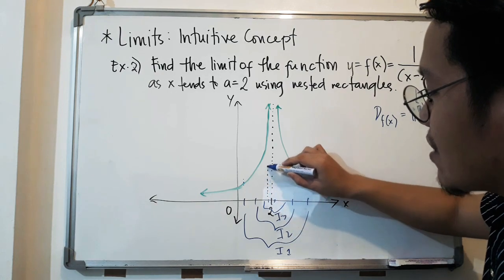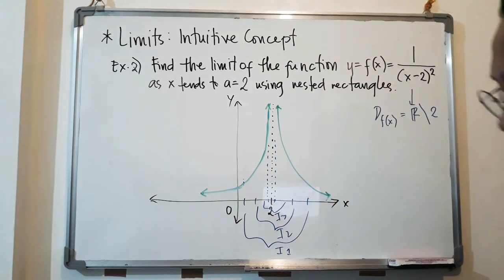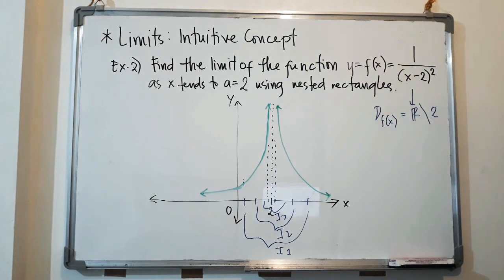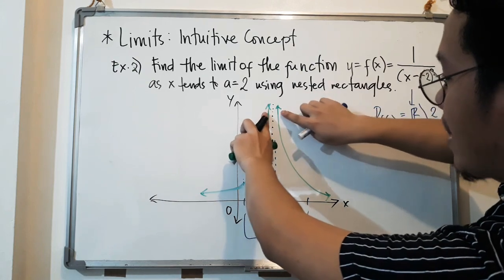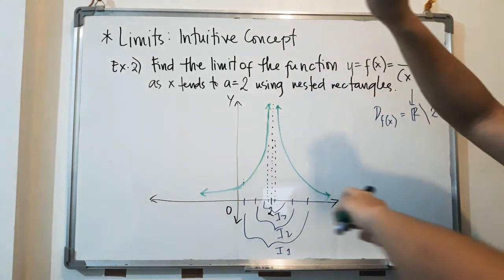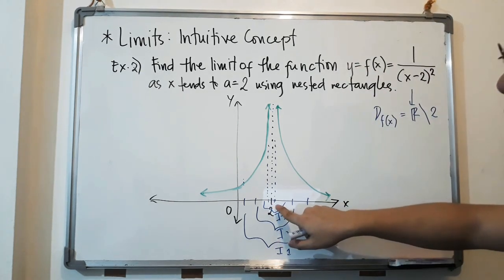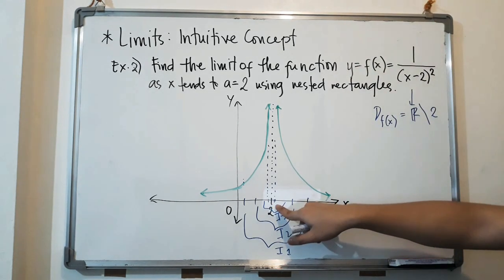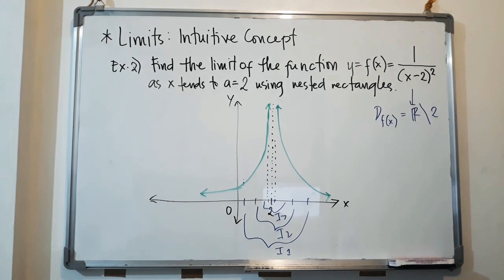And then we sketch its rectangle. Hindi siya bounded. Paano hindi bounded? Remember that this graph extends to infinity. And so, it's not bounded. The graph of f cannot be bounded.